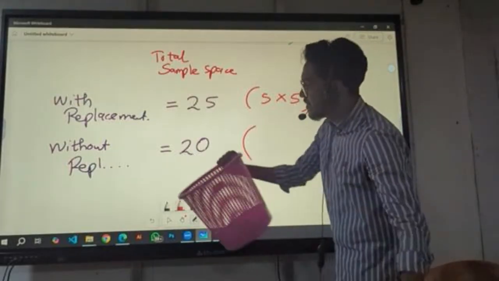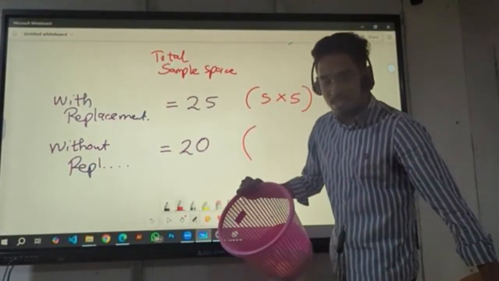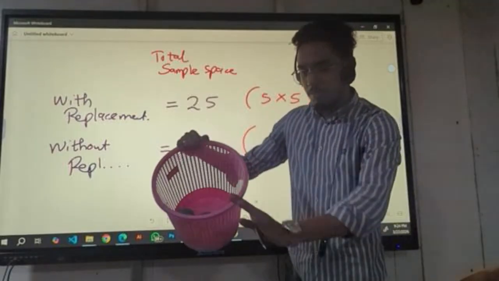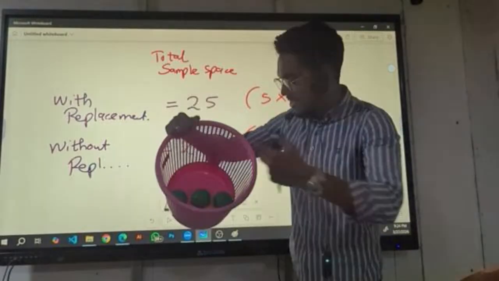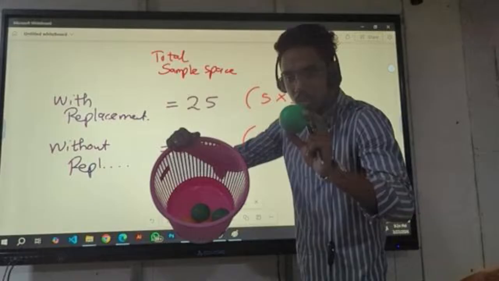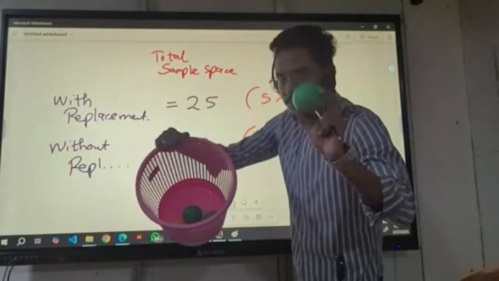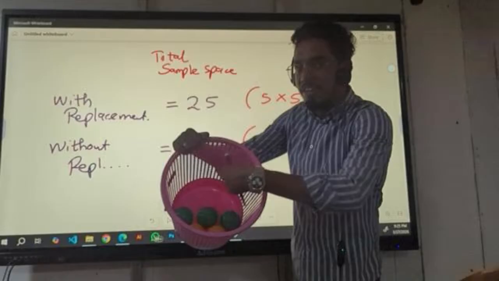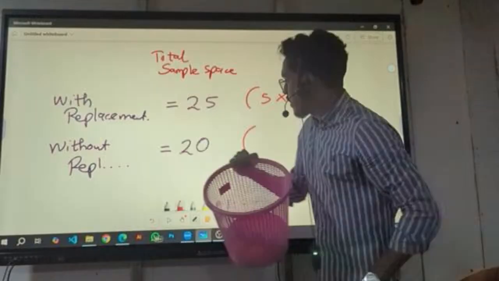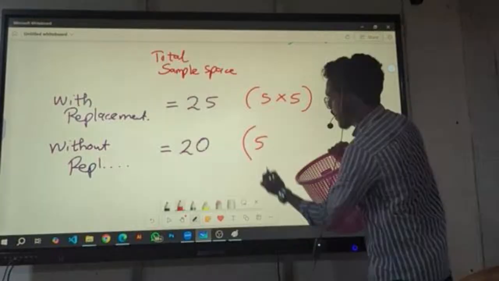Now the without replacement scenario. From the beginning, I'm going to select a ball from here. I picked a ball, which means I had 5 options. So for the first row, we have 5.